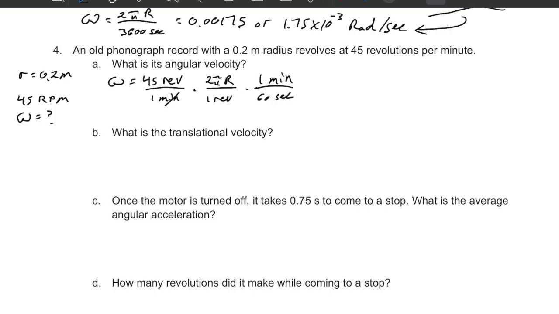We're left with radians per second as our final units. So let's cancel out those units. 45 times 2 pi divided by 60 should get us about 4.71 radians per second.